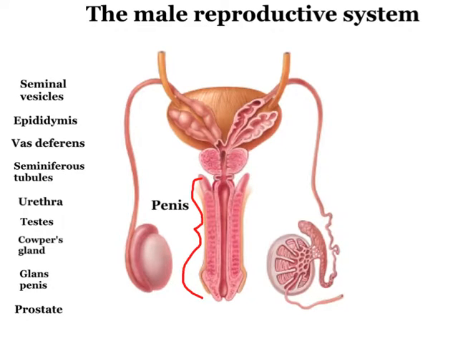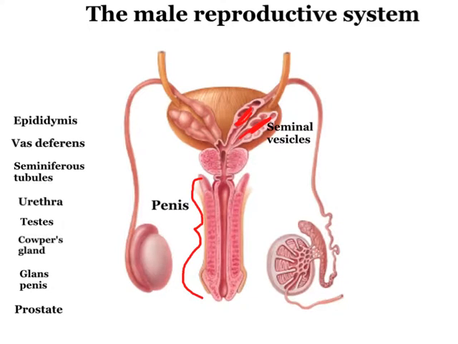The next one on the list, and these are in no particular order, by the way, I'm just going to go in the order that I have them here, is the seminal vesicles. These kind of raisin-looking things here, and there are some on the other side too, are the seminal vesicles.